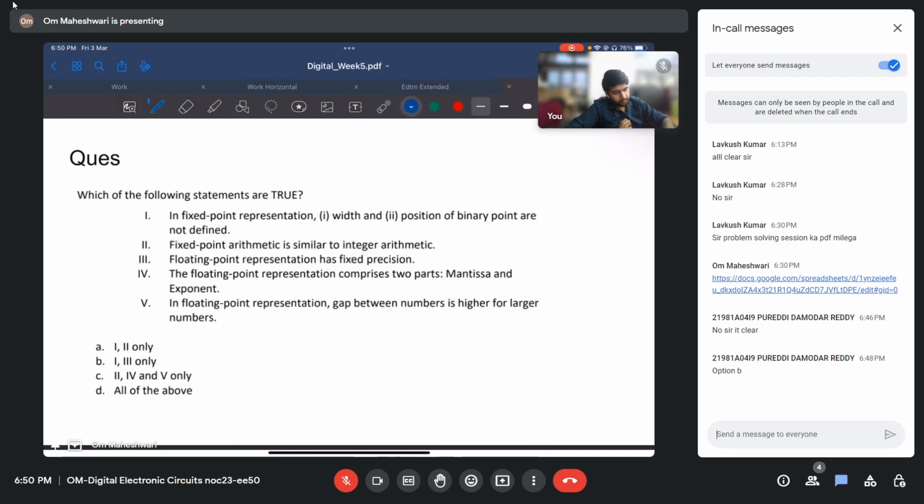So this is false. Both width and position are defined. This is correct. And has fixed precision, this is also wrong.